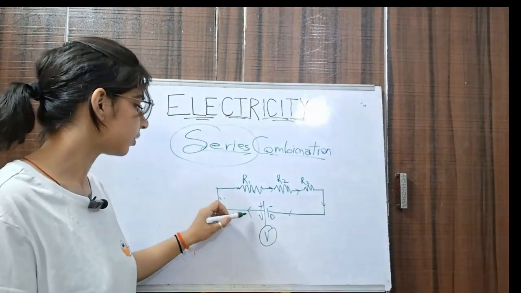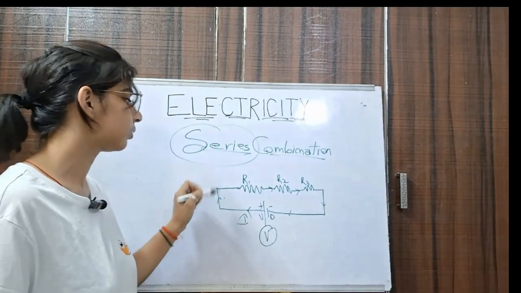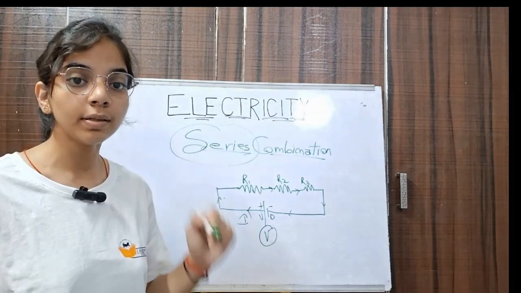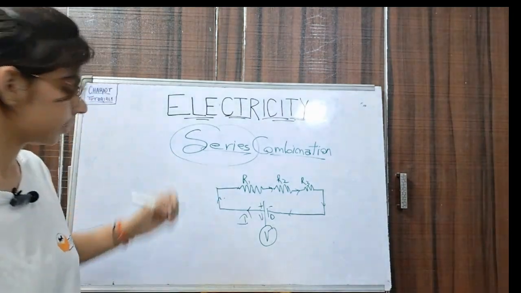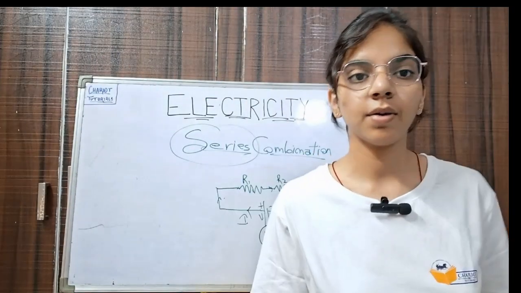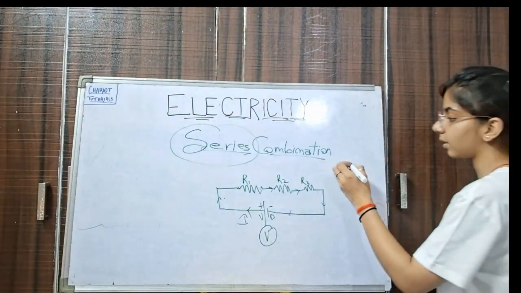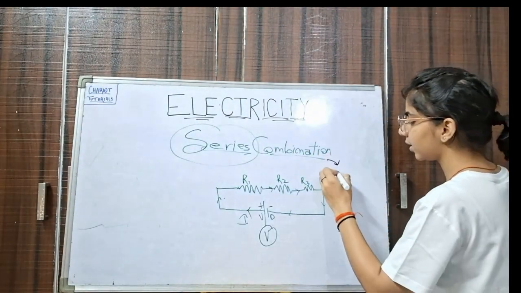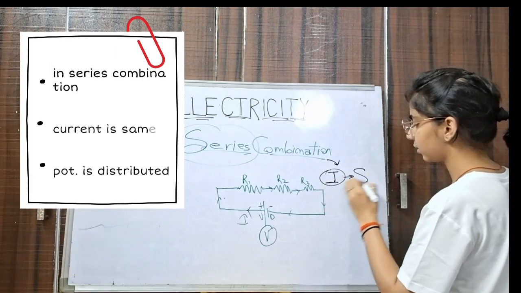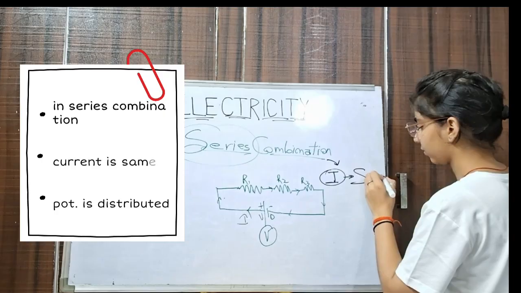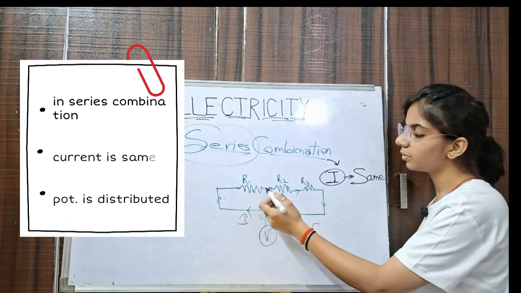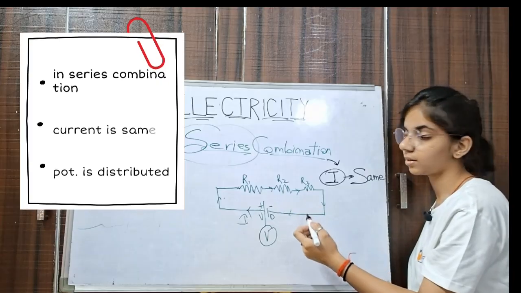Now suppose that current I is flowing through this circuit. In the series circuit you have to remember some very basic things, that is, the current is the same throughout. Current is denoted by I. The same amount of current will flow through all the resistances.